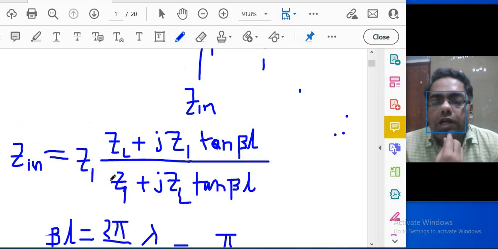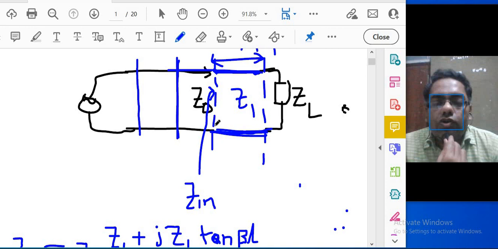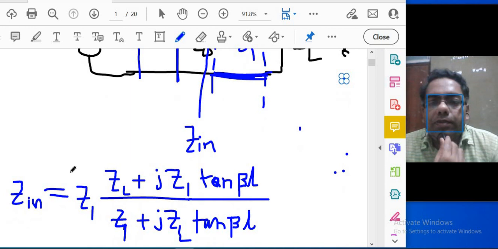This is the general equation of the input impedance of a transmission line at this dotted line, the extra section that has been added. Now, if we find this input impedance, the characteristic impedance of this section is Z1 and the load is ZL. So the input impedance will be written by this formula, with tan beta L.